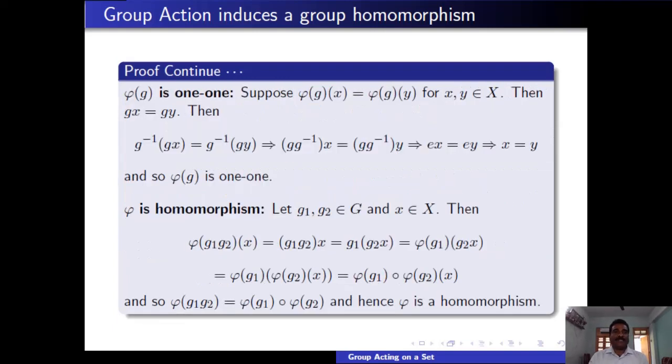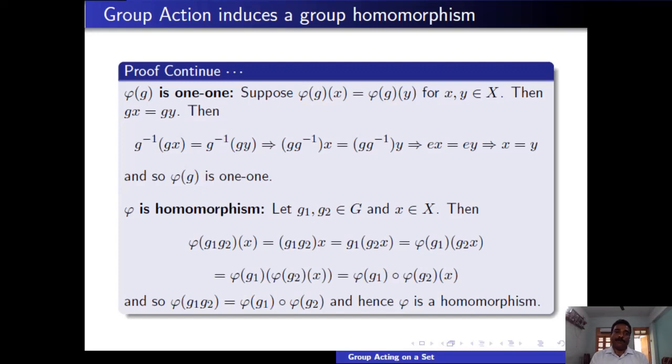Now to check whether this one is one-one, suppose phi of g of x is equal to phi of g of y for some x and y belonging to X. Then by definition, gx is equal to gy. So applying g inverse on both sides, we get g inverse gx is equal to g inverse gy.